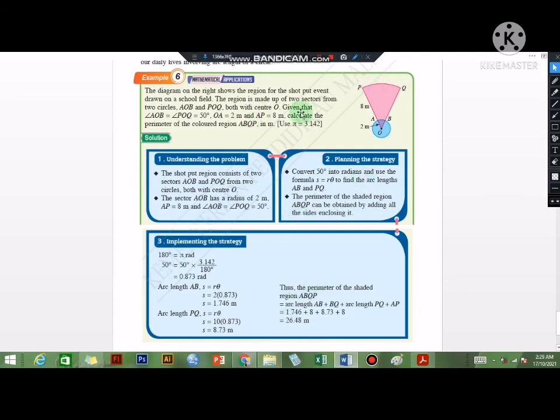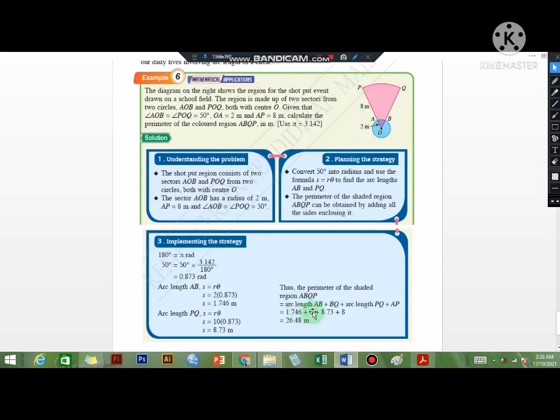After that, the question asks you to calculate the perimeter of the colored region ABQP, the region of the pink color. The perimeter of ABQP is the length of arc AB plus this side, plus the length of arc PQ, plus this side.